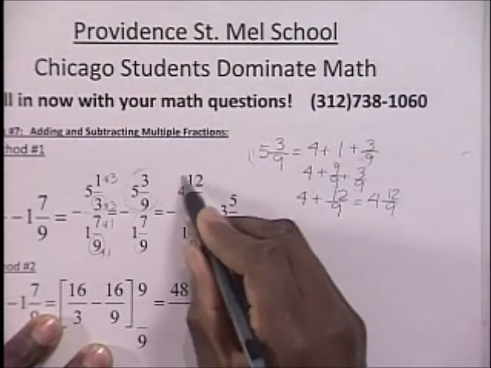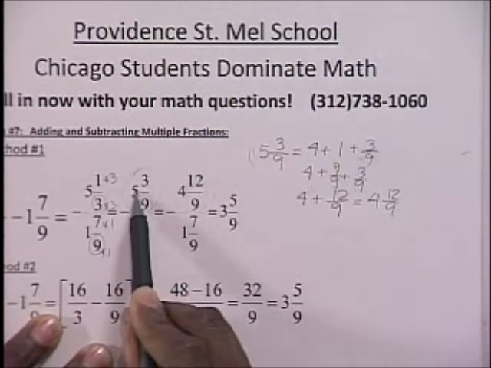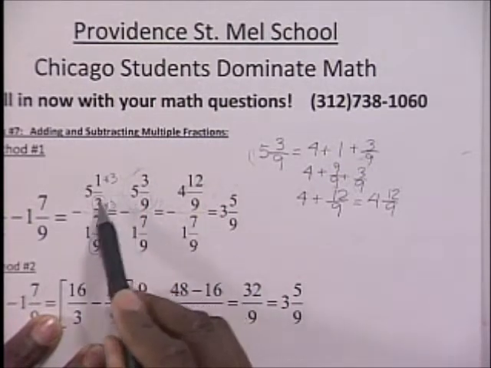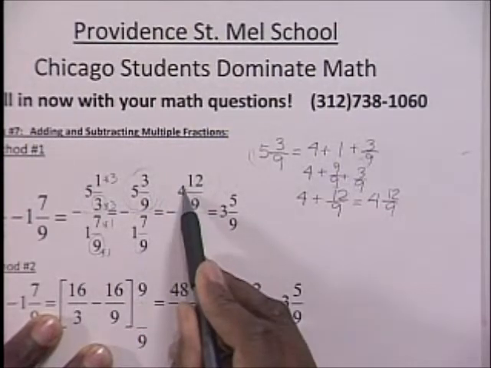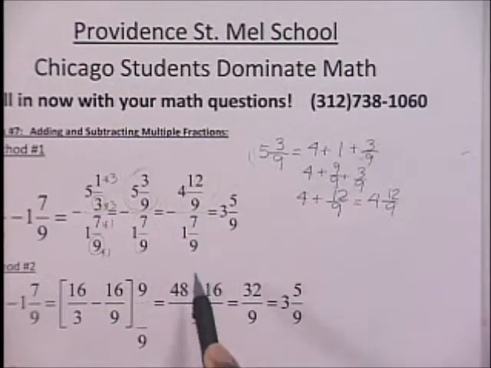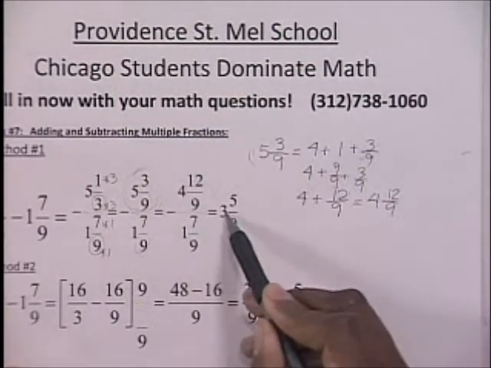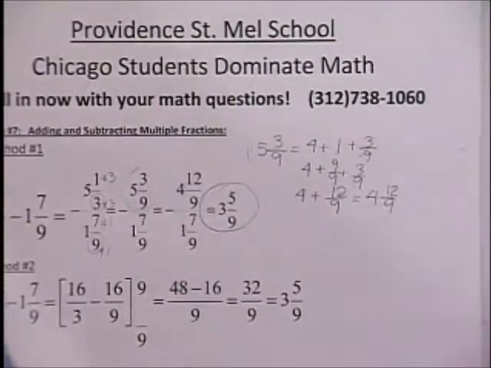That's where this came from. So another way to say 5 3/9 is 4 and 12/9. And now you have 4 and 12/9 minus 1 and 7/9, and you end up with 4 minus 1 is 3, 12 minus 7 is 5. Final answer.